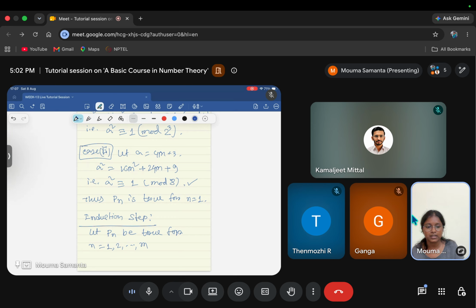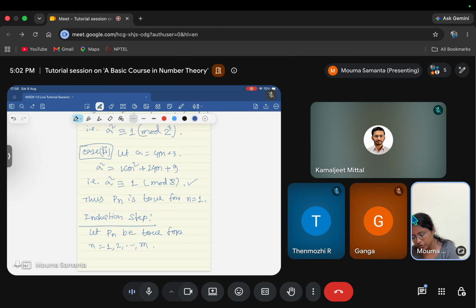In most of the cases we require only Pm to be true to show that Pm plus 1 is true, but in some cases it will be better if you consider that Pn is true from 1 up to m. So let's see what we will use here. Here we are taking Pn to be true for n equals 1 up to m.